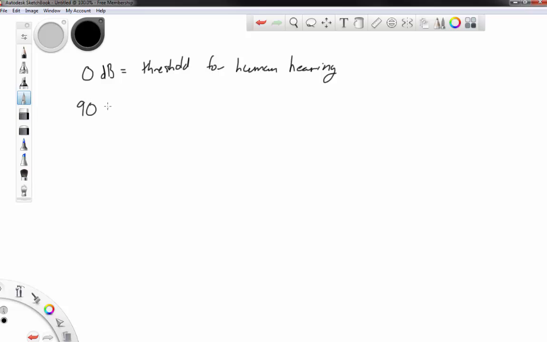What we've been told is that it's 90 decibels at 10 meters from the sideline.